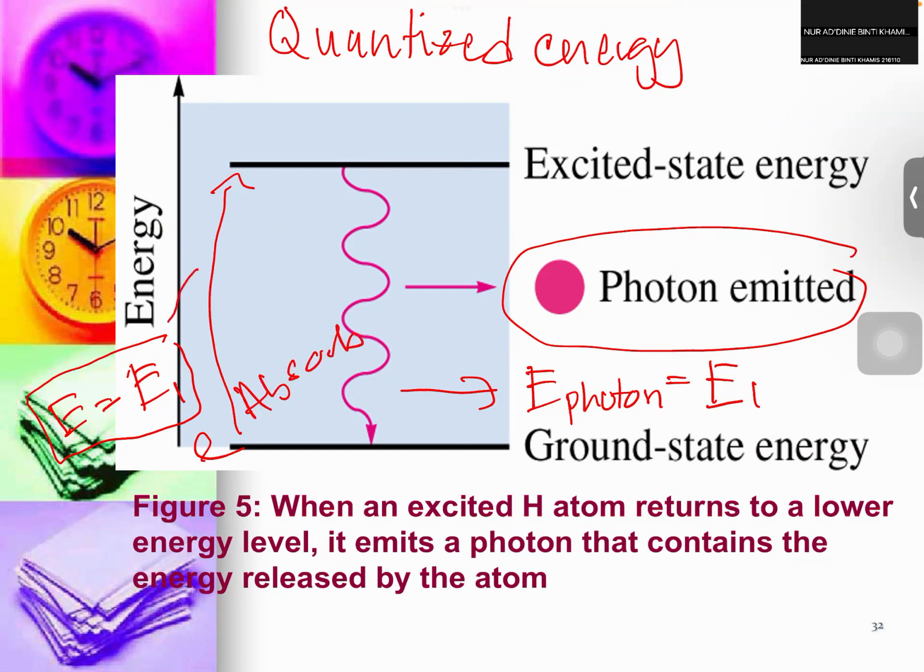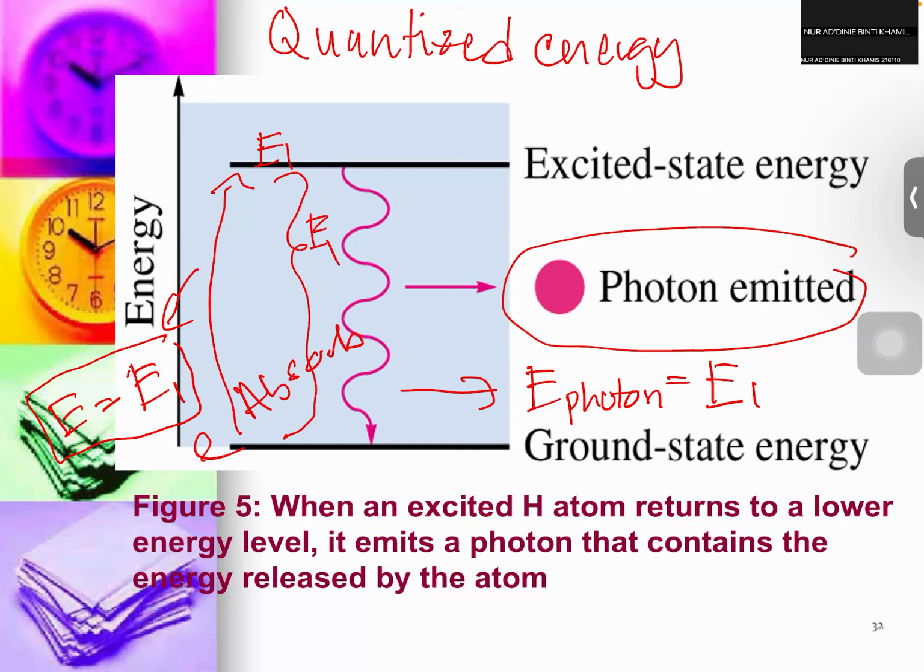So consider the energy absorbed is E1, and it only jumps to the orbital with the level of E1 energy only. This means the difference in value between the orbitals must be E1. I hope you understand that.